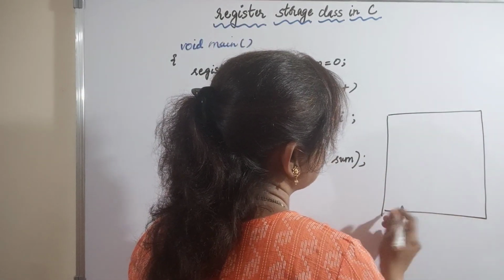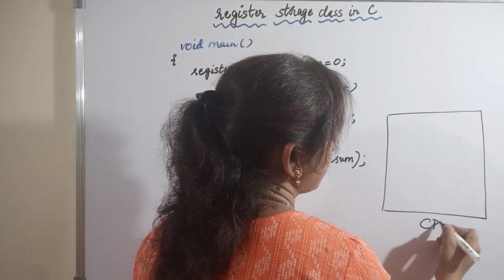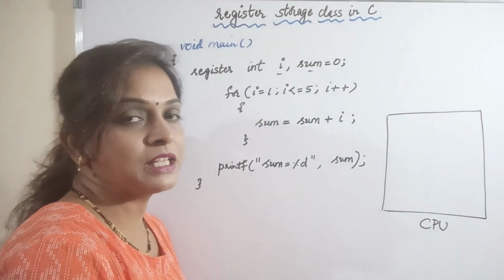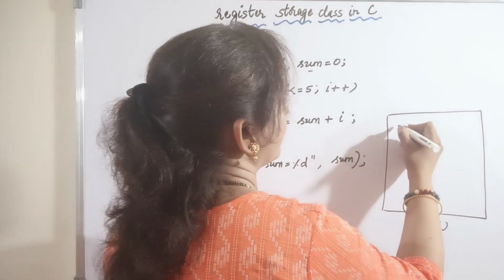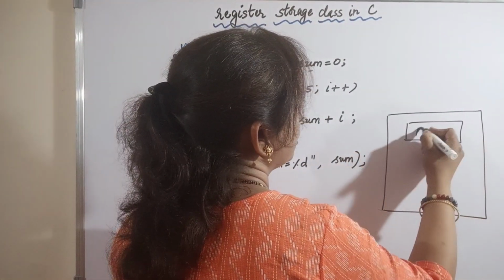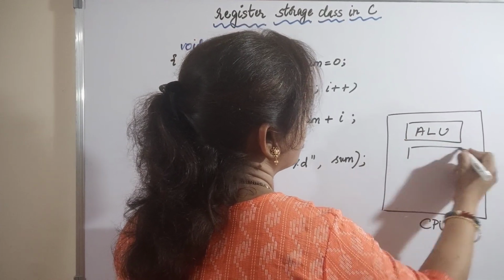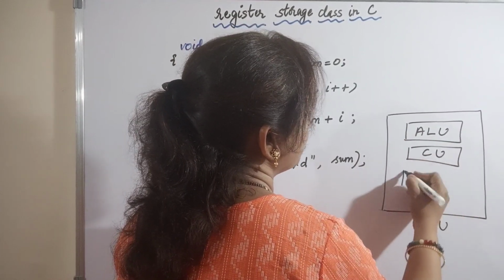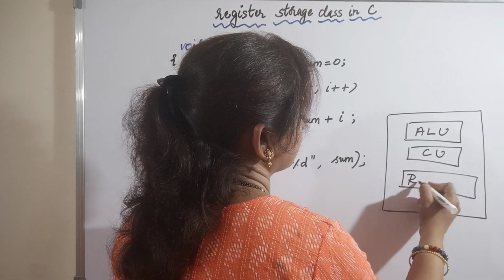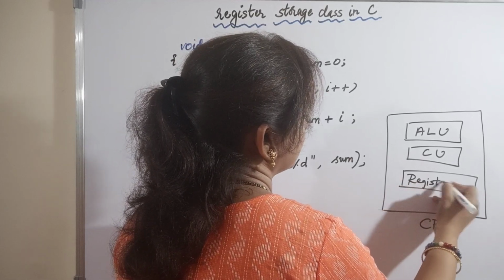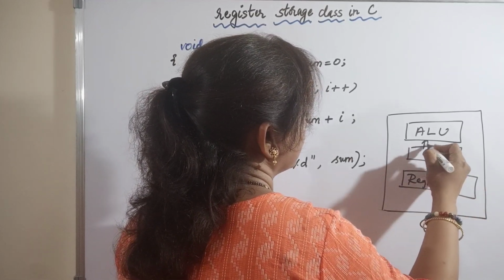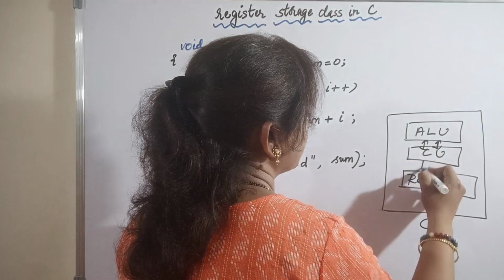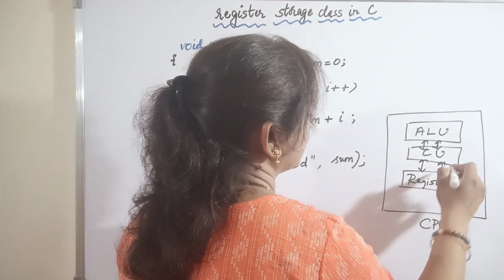Inside the CPU, as we all know, the CPU is made up of many subunits. You have the ALU, you have the control unit, and you have registers. So, a two-direction arrow.